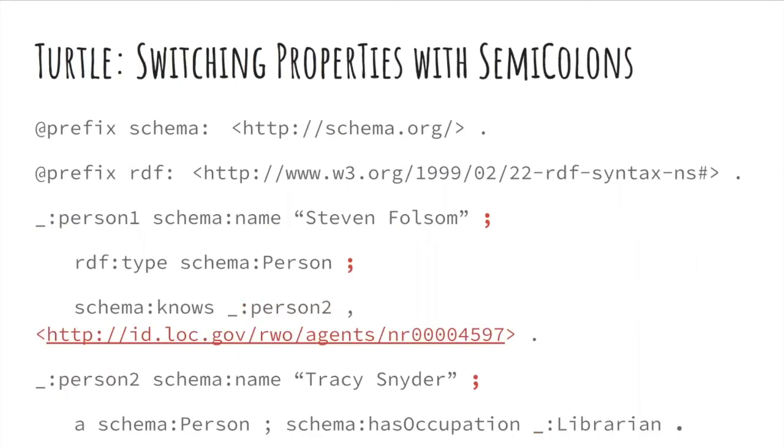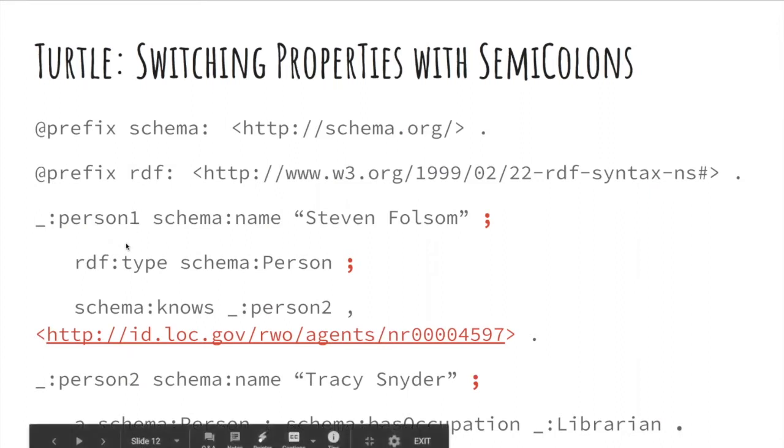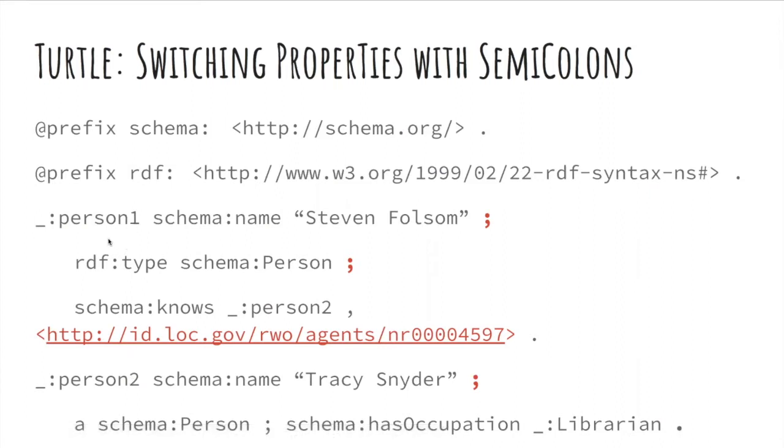For a given entity, in this case, we have person 1 and person 2. We can continue to say different things about that person without referring to them multiple times. One strategy when you want to switch between properties for the same entity: we say here that person 1 has a name, Stephen Folsom. We want to say something different about that person. We want to say that they are in fact a person.